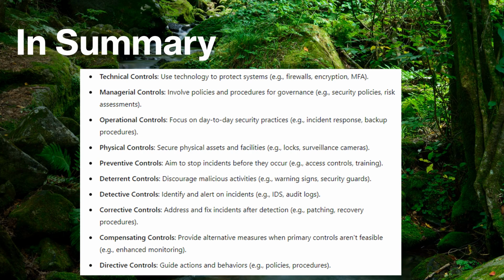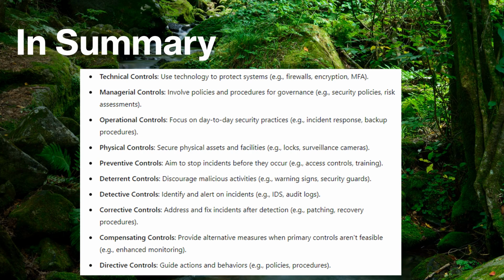Managerial controls involve policies and procedures for governance, like security policies, risk assessment, etc. Operational controls focus on day-to-day security practices, such as incident response and backup procedures. Physical controls secure physical assets and facilities, for example, with locks and surveillance cameras, etc.